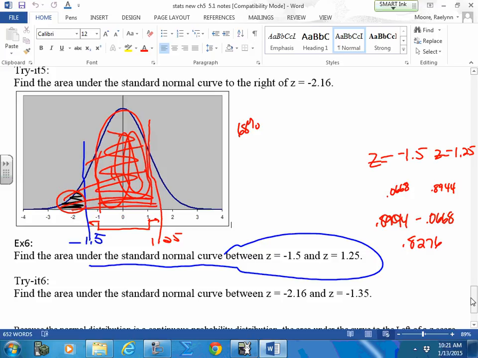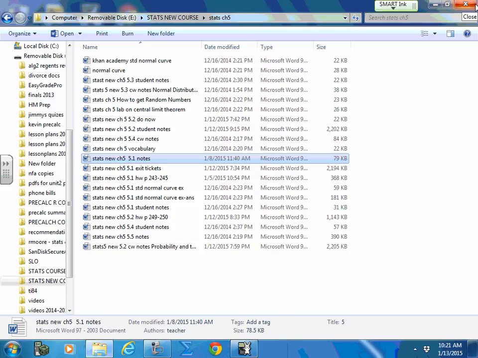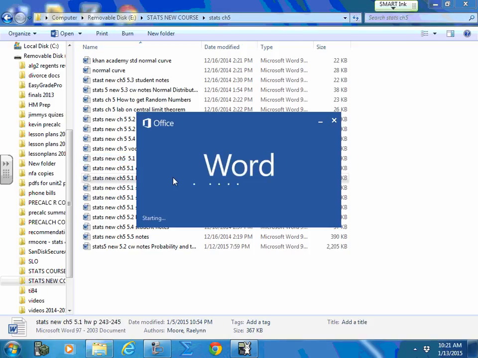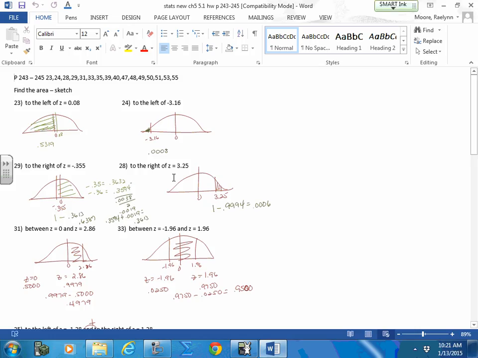Okay, I'm giving you a homework assignment, and I need you to take this home. Or you could snapshot it. I'll let you snapshot it. It looks like a lot, but it's not. You're going to need your table. Page 243.